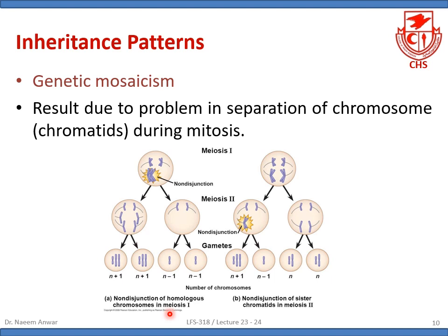So here it's like a mosaic. You will have certain cells with different numbers of chromosomes. Like here we have two with n, here n minus one, here n plus one, there is one extra, and so on. So this is called mosaicism, which you can say is like a mosaic with different combinations.